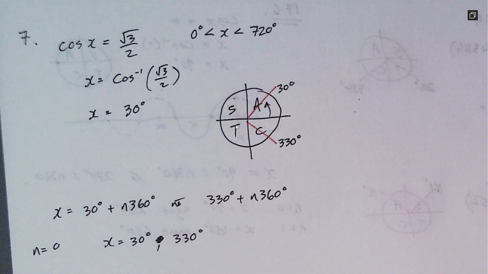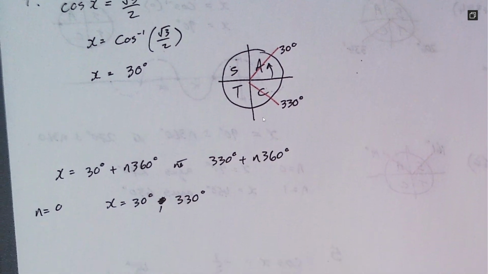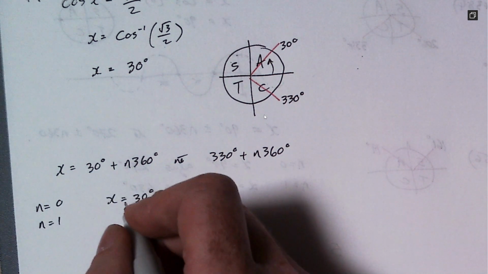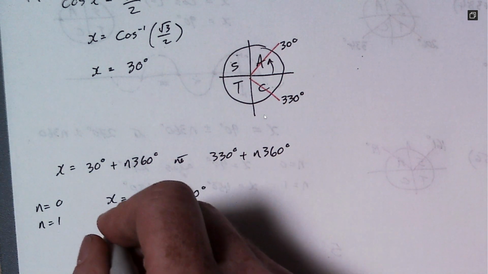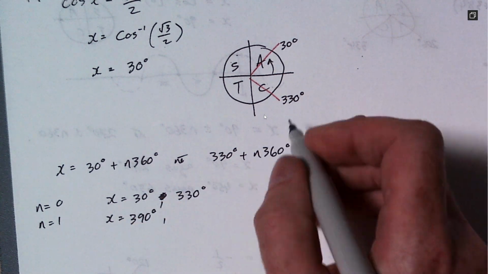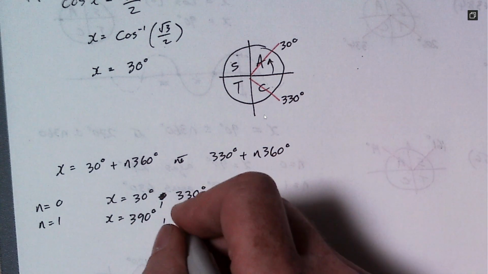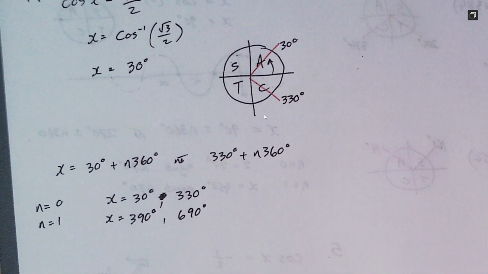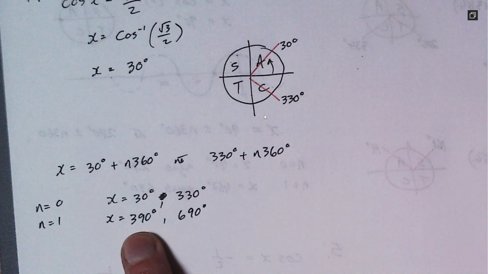When n equals 1, it's 30 plus 360, so x equals 390 degrees, and 330 plus 360 is 690. When n equals 2, we're way over 720, so it doesn't work. 390 plus 360 would give 750 degrees.